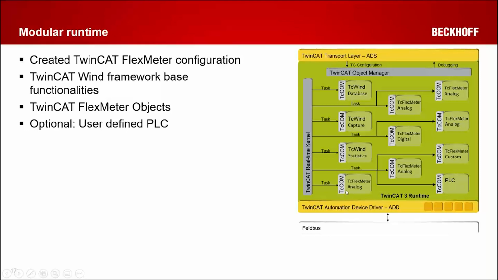So for a couple of analog channels, we need a couple of automatically created instances of a FlexMeter analog object, or for digital data as well. And here, for example, you can see you can add your own PLC as you like. Or you can even create your own TwinCAT FlexMeter objects if you need some post-processing stuff or data reduction stuff or mathematics in the real-time world.